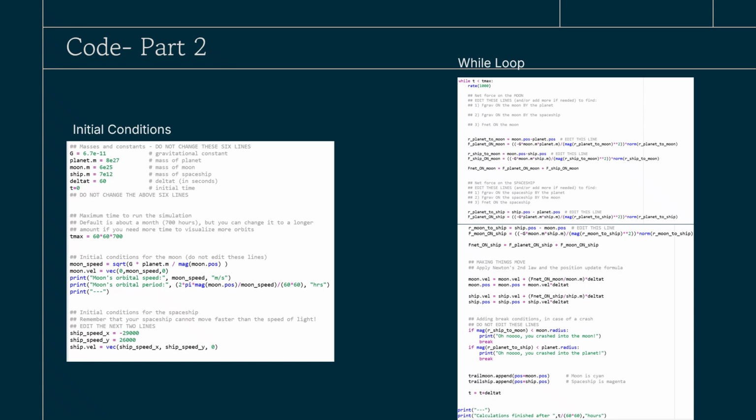Then we look at the while loop, where we first started with finding the force acting on the moon in the system using the equations that you see below, and after that we calculated the net force acting on the spaceship. From having both of those figured out, we were able to apply Newton's second law and the position update formula using the velocity that we were guessing for in the initial conditions to run our code and see if the orbit would complete or not.